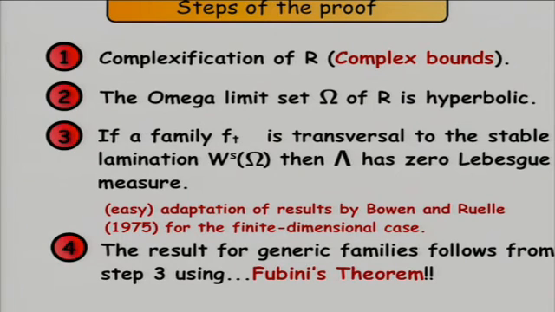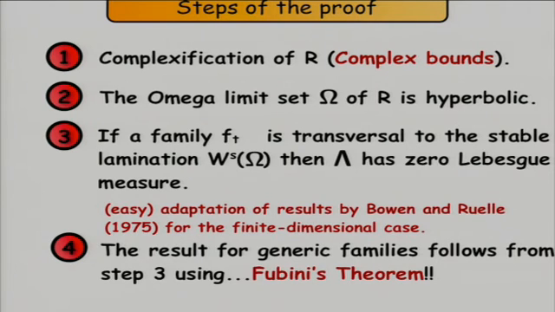The third step is to prove that, so you have now a hyperbolic set. You can talk about the stable lamination of this hyperbolic set. So what you prove is that if you pick a family of multimodal maps which are transversal to the stable lamination, then the set of parameters with bounded combinatorics, lambda B actually, has zero Lebesgue measure.